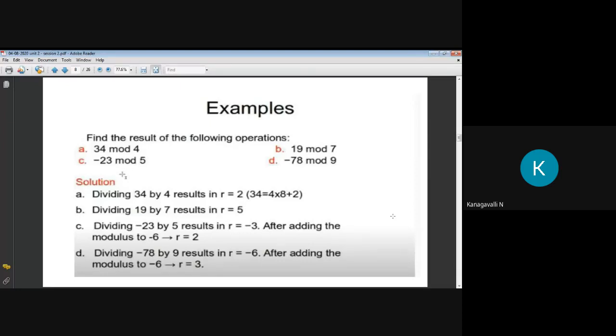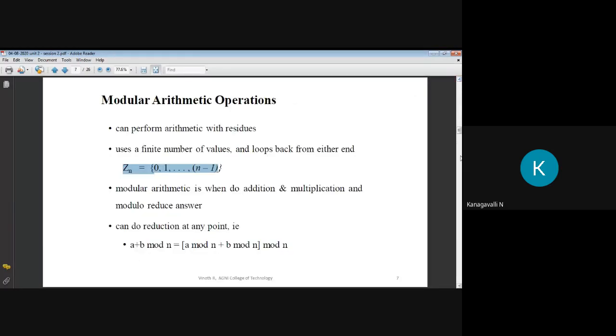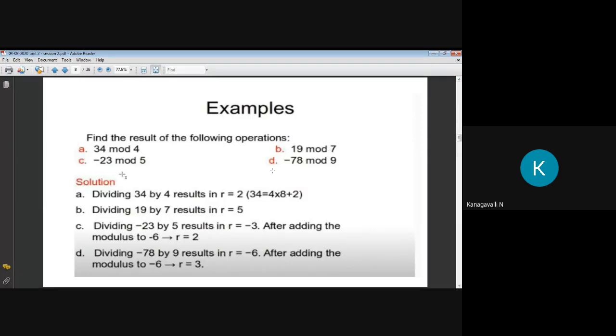Don't see the solution, just follow my words. 34 mod 4, say the answer. Quotient 8, then remainder is 2.